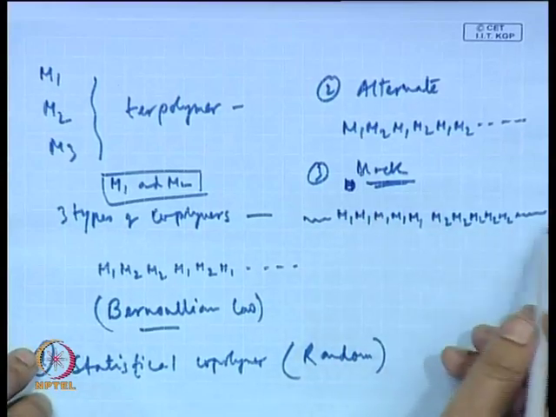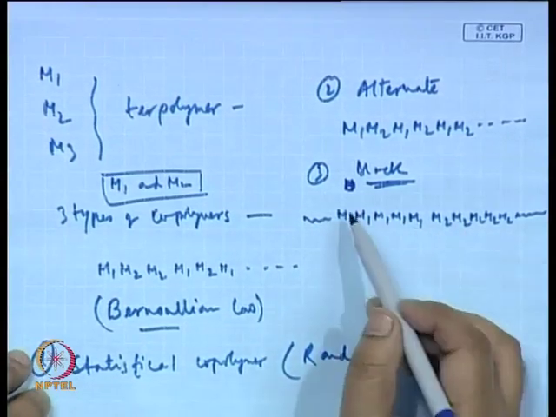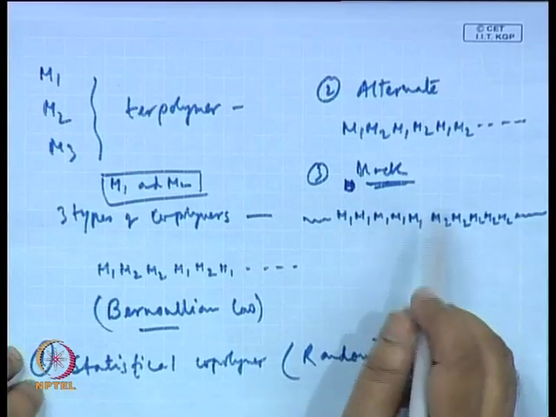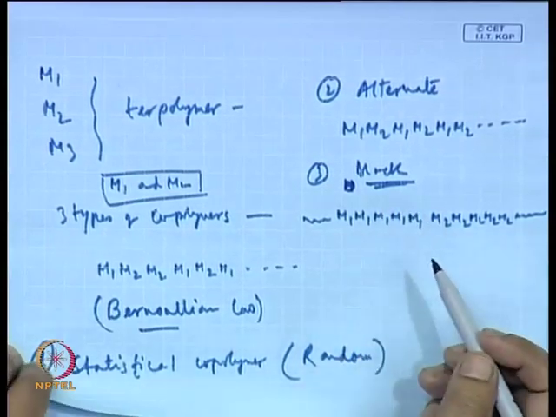That could be repetition of this; one polymer chain could have several blocks, but this length should be significantly higher, so that we can call them block.